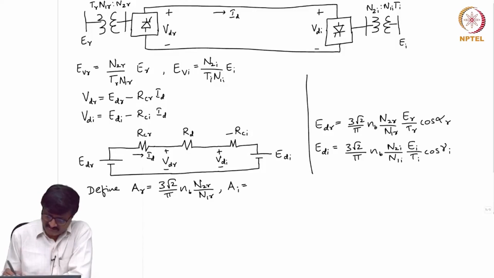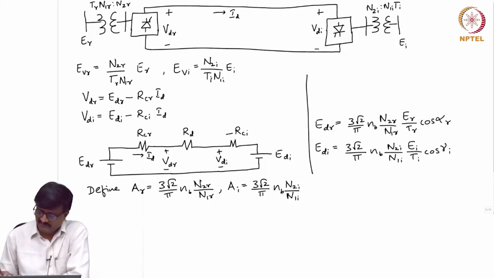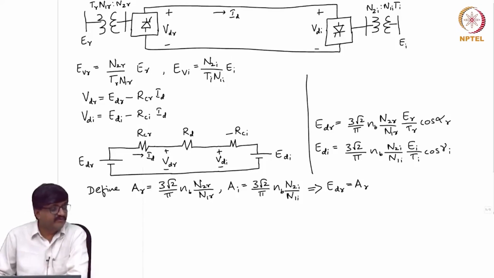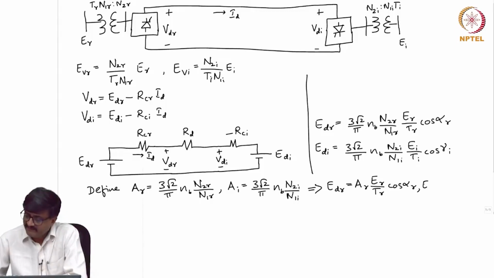Then define one more constant AI, A is a constant, I subscript I stands for inverter: 3 root 2 by pi, NB, N2I by N1I. If I make these two definitions, then EDR is AR into ER divided by TR cos alpha R, and EDI is equal to AI EI Ti cos gamma I.